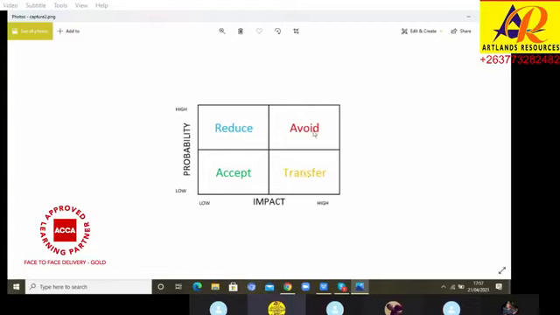If it's red, it means this risk highly occurs and it's highly hazardous should the firm be affected with this particular risk. That's high frequency of occurrence and highly hazardous. What do we do with such a risk?